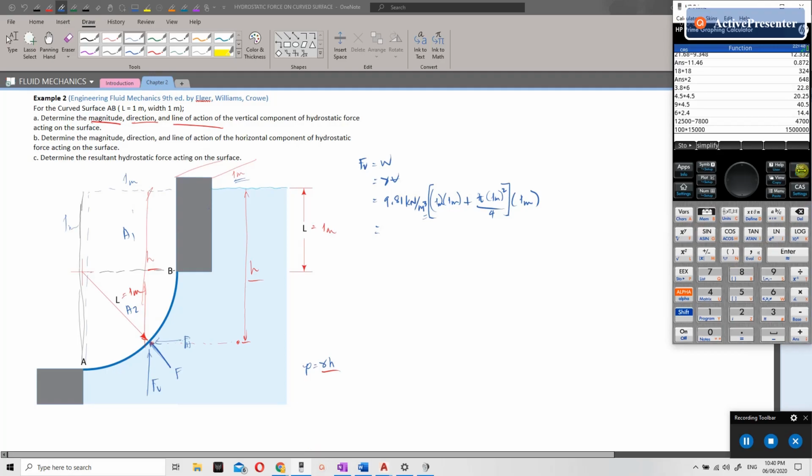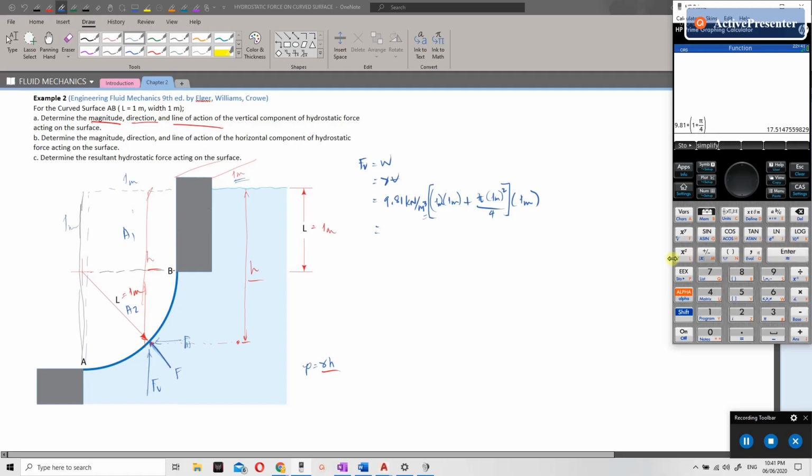So let's compute. We have 9.81 times (1 plus pi over 4), then times 1 meter, so I can leave out the 1 here.